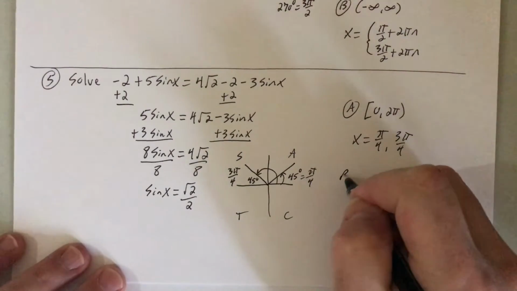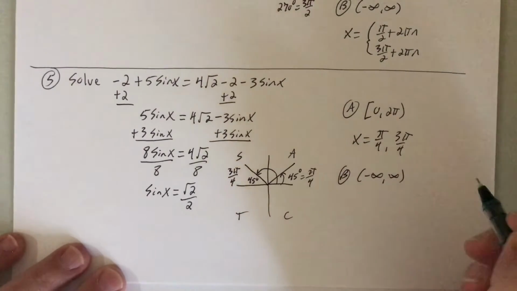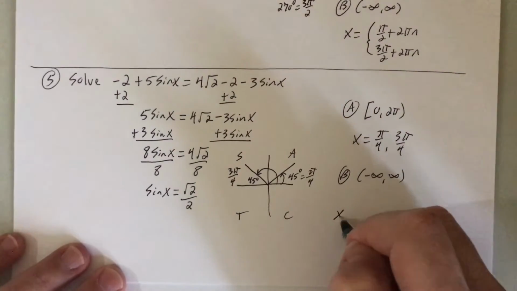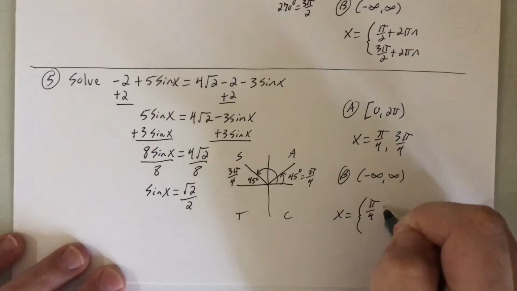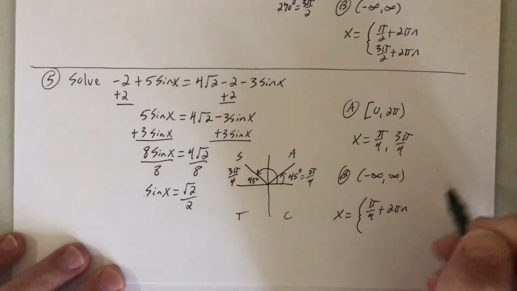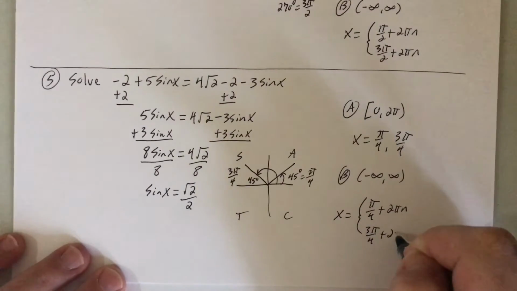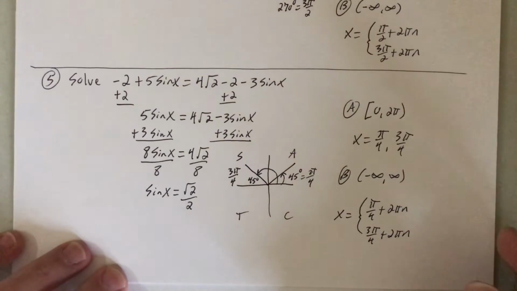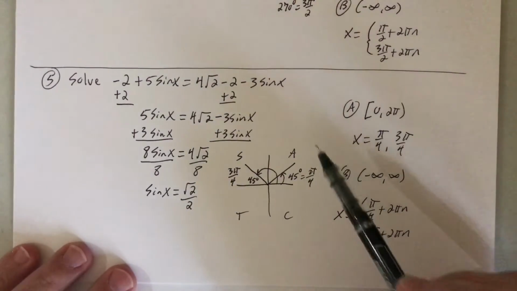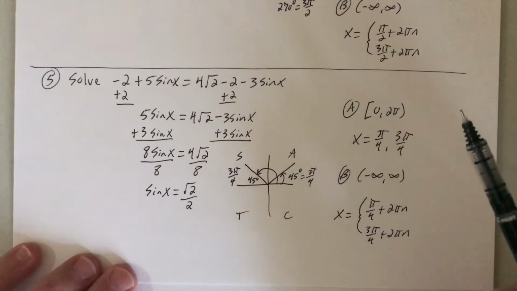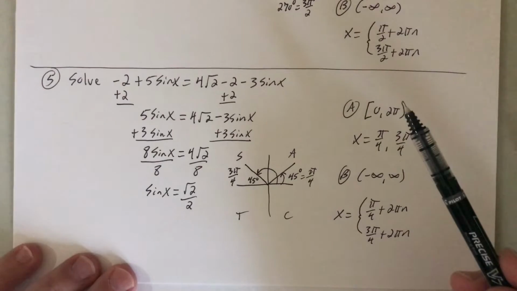And if I specify the interval from -infinity to infinity, x is equal to pi over 4 plus 2 pi n, and then 3 pi over 4 plus 2 pi n. So hopefully you grasp these two, and they're basically in line with the first 3 problems that I did in part 1.